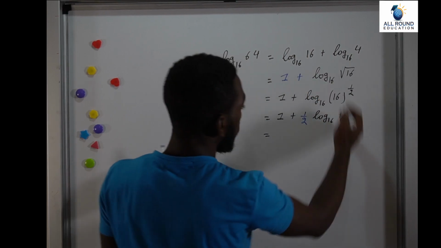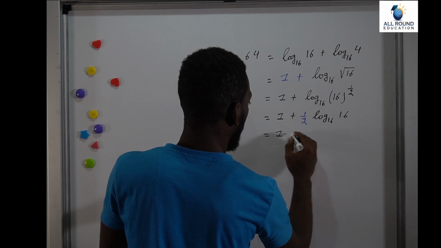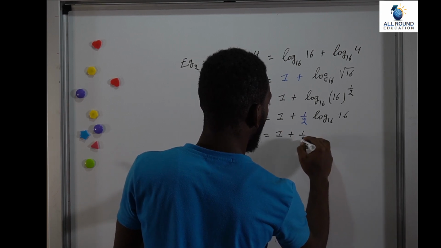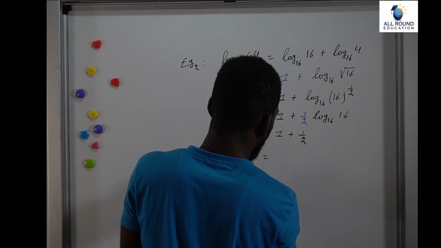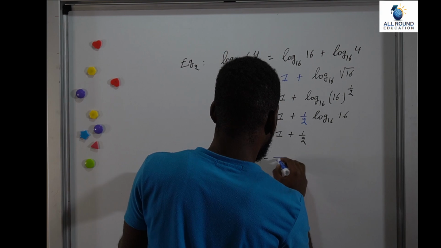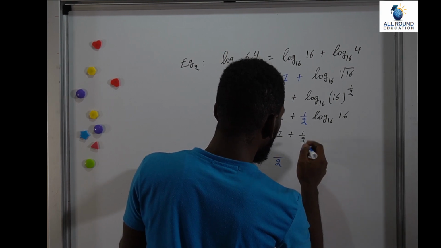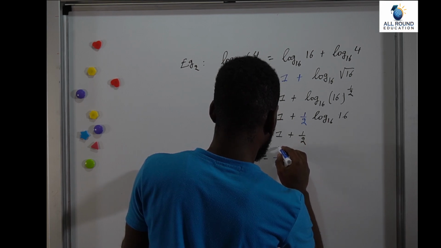And as we saw earlier, this just becomes 1, and you then end up with 1 plus a half, which, if you want to write it as a fraction, you're more than welcome to. You have 2 as a denominator, so this will be 3 over 2, right?